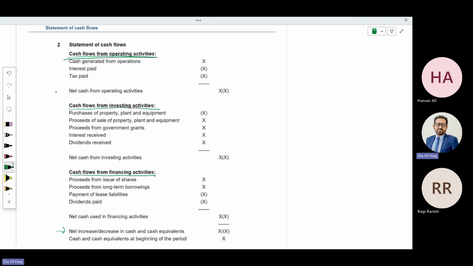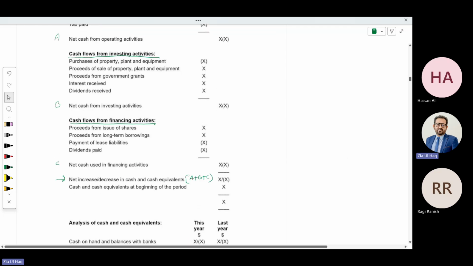And this will be a net cash flow from operating activities, net cash flow from investing activities, net cash flow from financing activities, and then what is a net increase or decrease? A plus B plus C. In this, we need to add the opening balance of cash. So we'll be able to find the closing balance of cash.